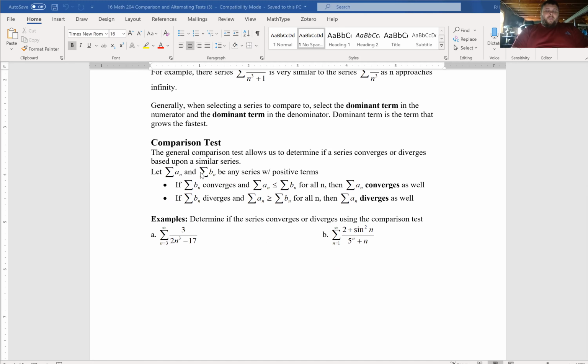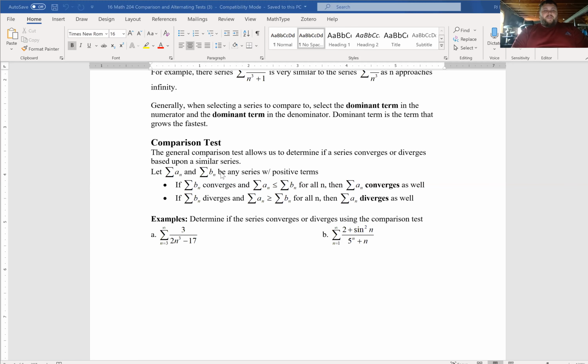So if B sub n converges, you must also show that the sum of A sub n must be less than or equal to the sum of B sub n. And then you can say A sub n converges as well.